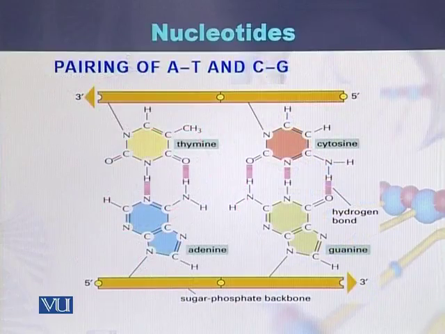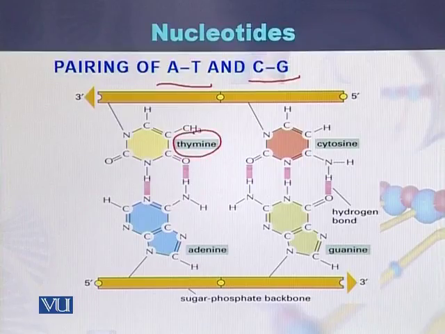In this diagram, we can see the pairing between adenine and thymine as well as between cytosine and guanine. This is the structure of thymine and this is the structure of adenine.